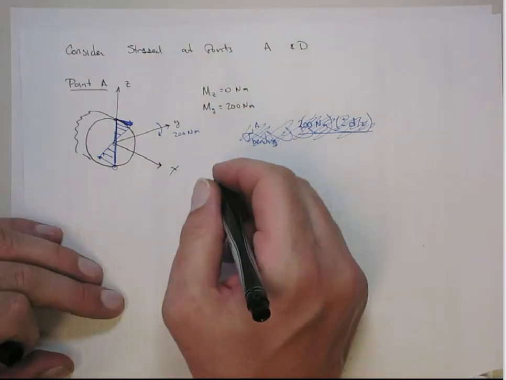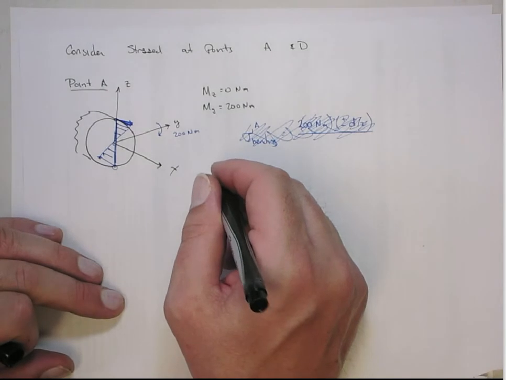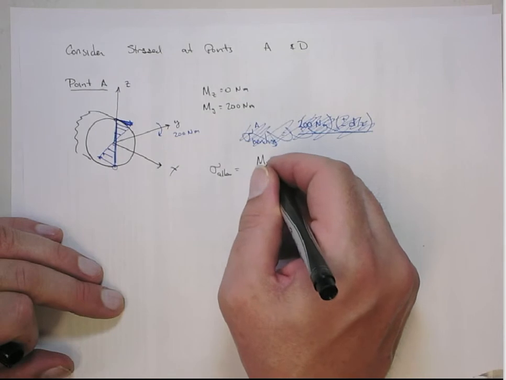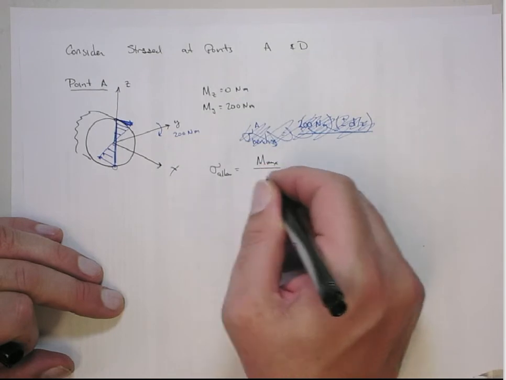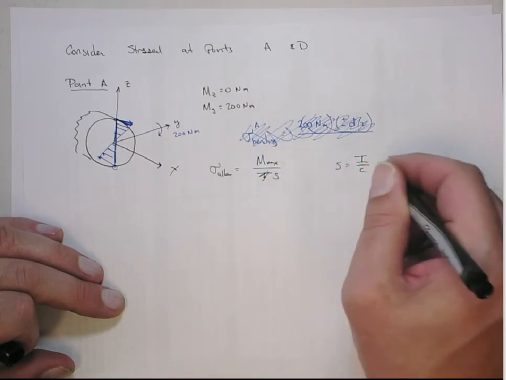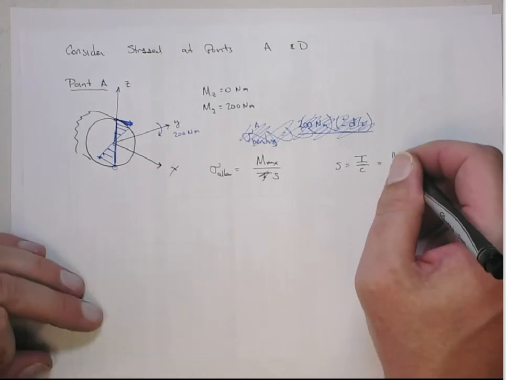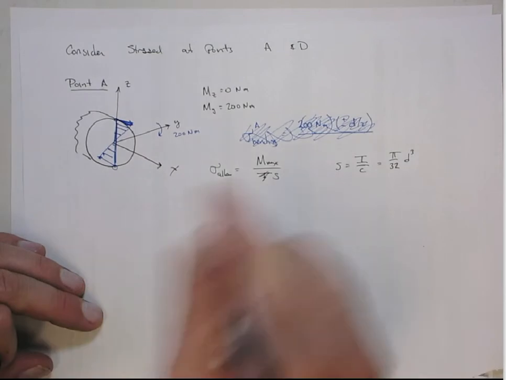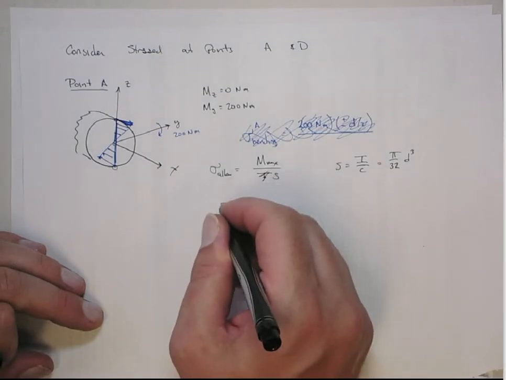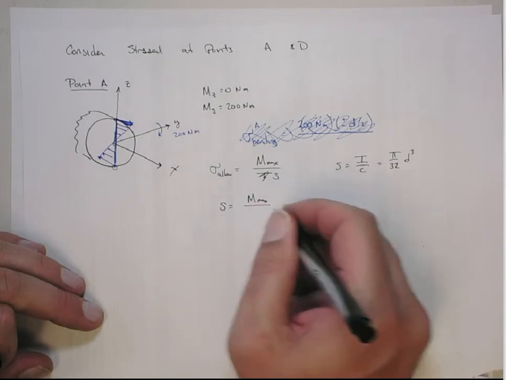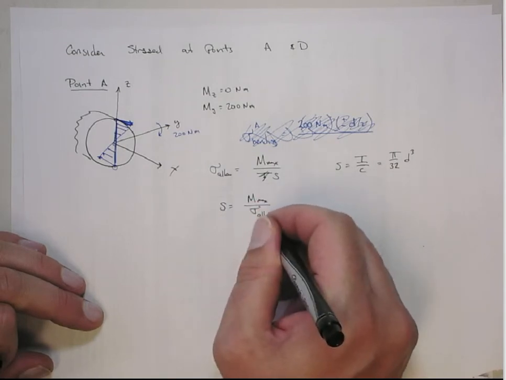We already figured out that I on C is pi on 32 diameter cubed. So we can get that S is equal to the maximum bending moment at point A over the allowable.